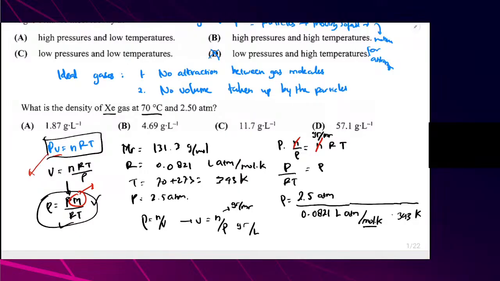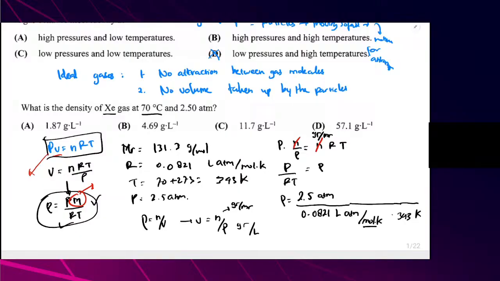So as you can see, just plug in the unit as well to avoid any kind of mistake. The purpose we plug the units in is to make sure the unit at the end is the same.